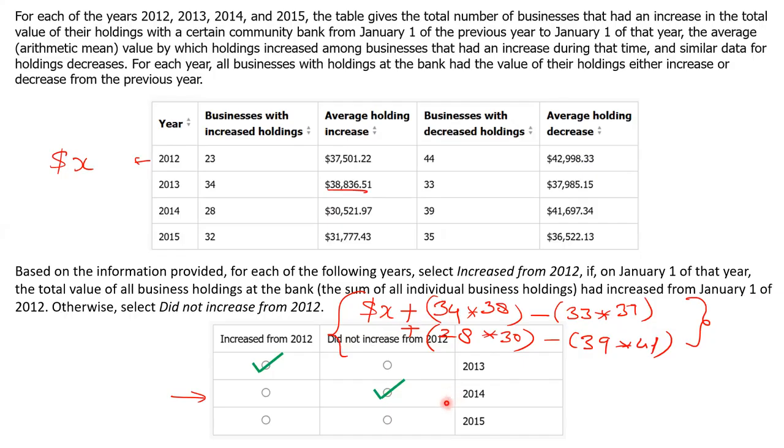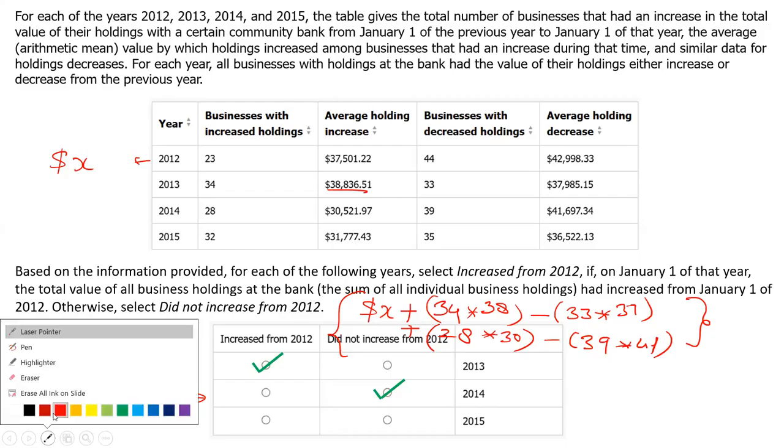So 2012, basically, we assumed as X, right?